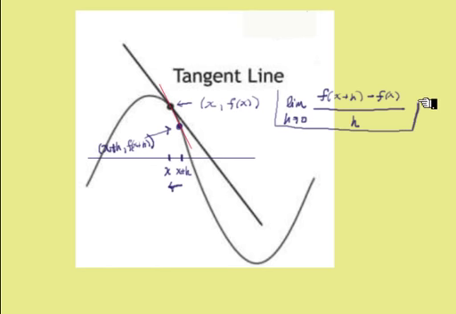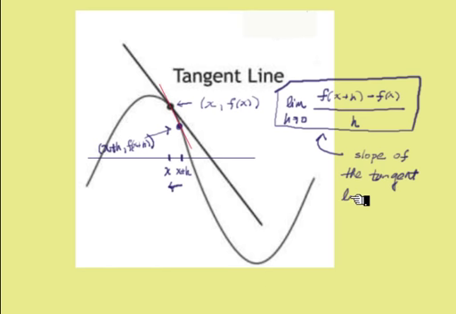So here's another form of the same formula. This is the slope of the tangent line at x comma f of x.